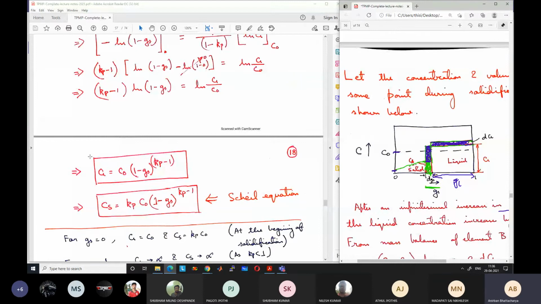And remember that Cs is always equal to Cl into Kp. So Cs can be written as Kp into this term. Okay, so Cs is equal to Kp into C0 (1 minus Gs) whole to the power Kp minus 1. So this gives us the relation between the volume fraction Gs and the concentration Cs.